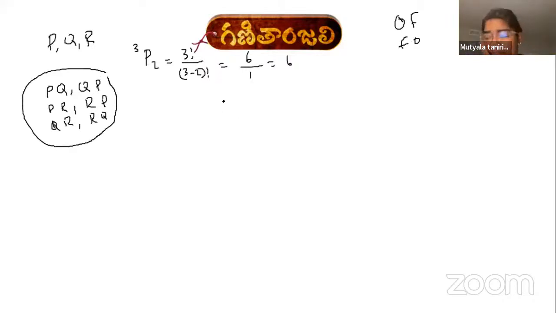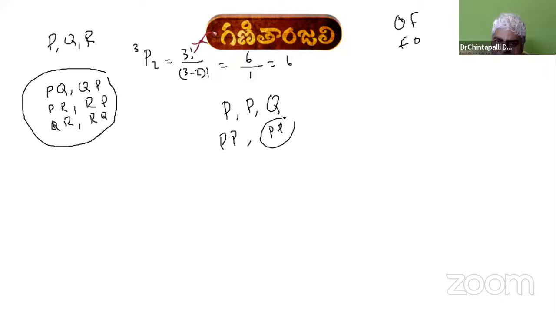But if asked P, P, Q, how many 2-letter words are there? PP is a word, but if we write PP again, it is repeated. Here PQ and QP are accepted, but PP and PP are not accepted. How many 2-letter words are there?